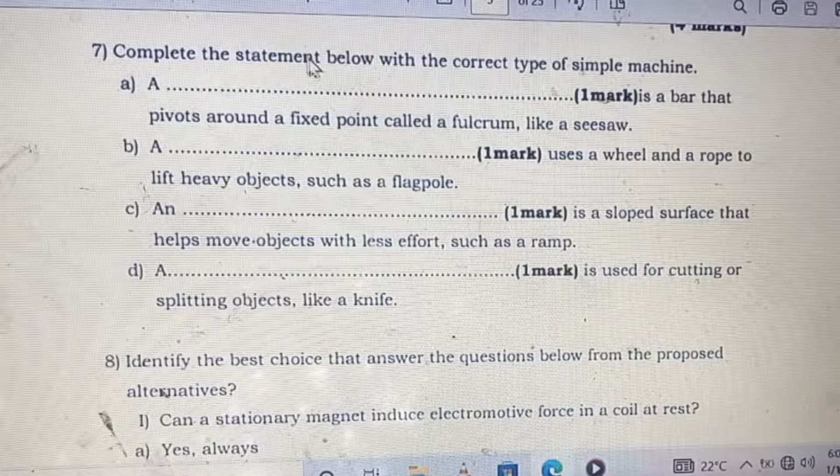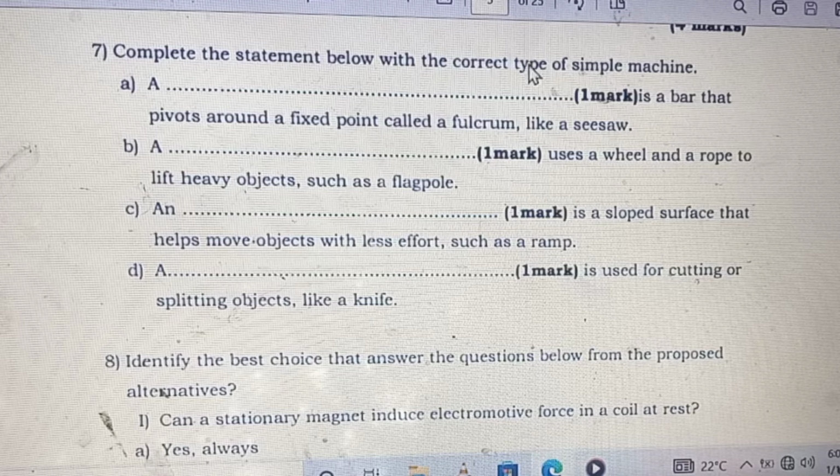Next question, question 7. Complete the statement below with the correct type of simple machine. A. A dash dash is a bar that pivots around a fixed point called a fulcrum, like a seesaw.